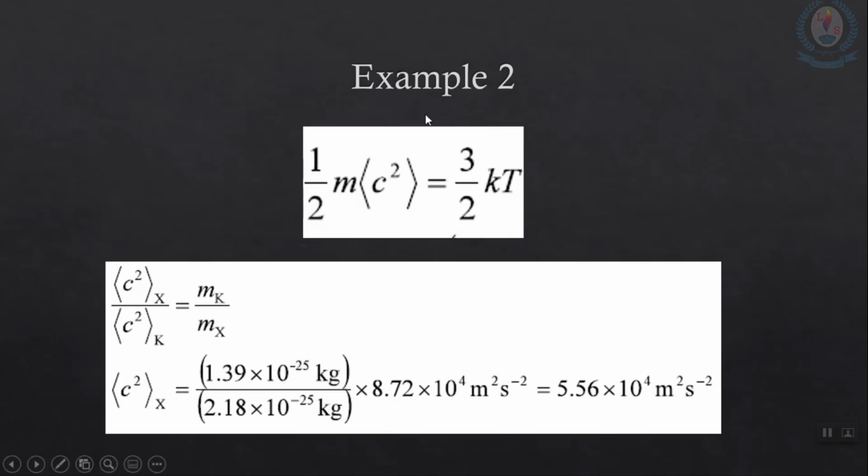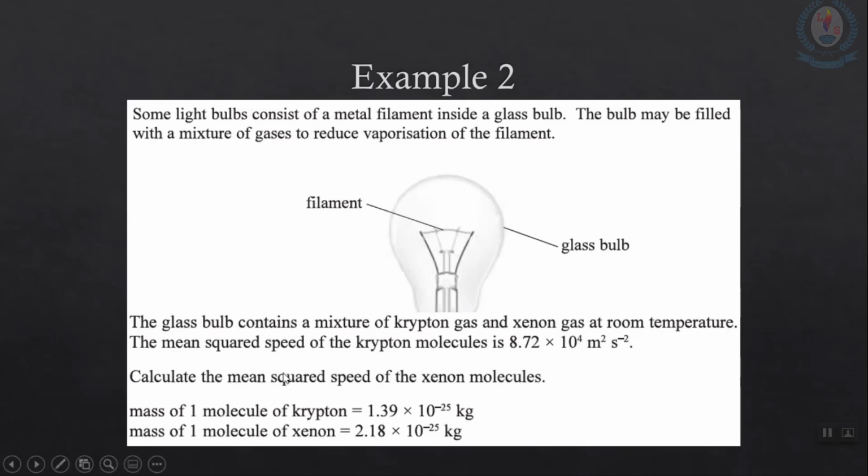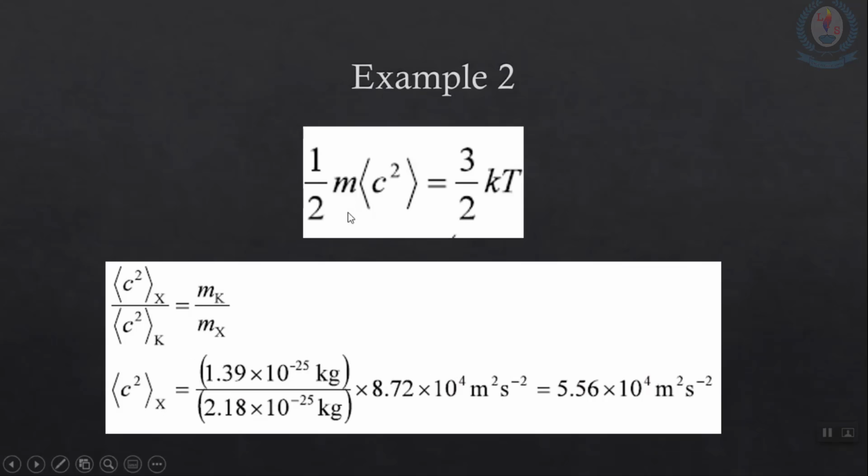So when we talk about mean square speed, it always comes from the kinetic energy equation, and you know that k is a constant. So in this equation we made sure that the temperature is also the same. That means m and c squared are the only two variables. Then we will try to find a link.